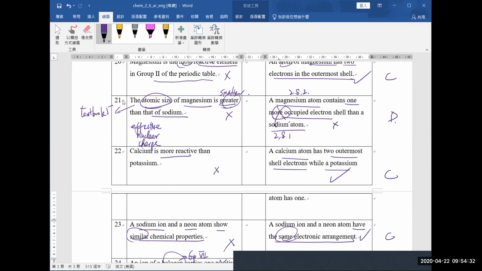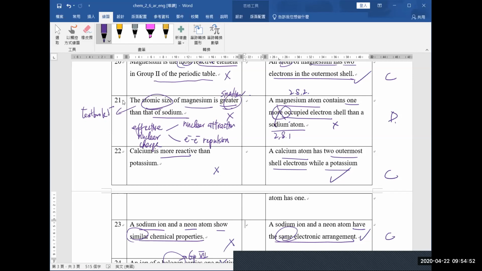So it just tells you the net attraction, considering two factors. The first one is nuclear attraction, and the second one is the screening effect, right? The electron repulsion, in short.